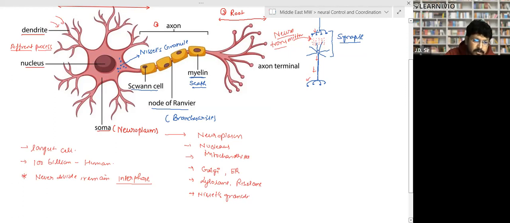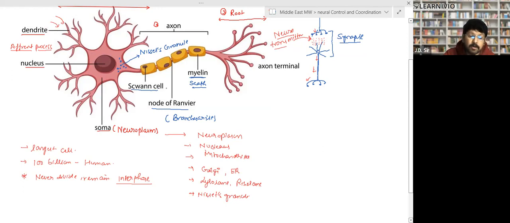Next point, axons. Axons are single, usually long. Full stop.